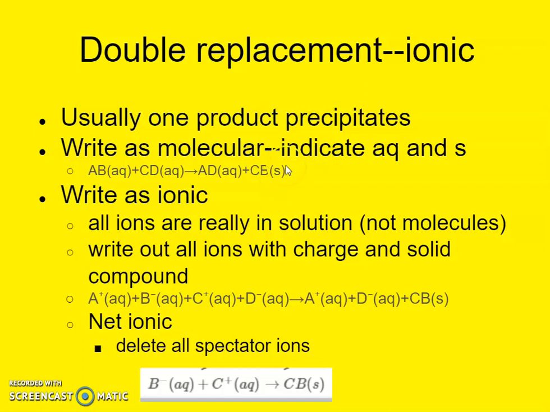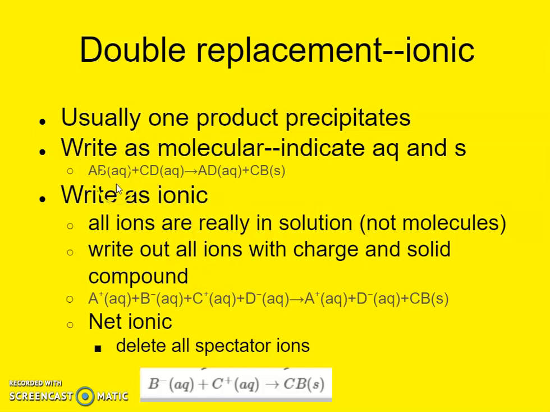Okay, so in addition to thinking about it this way, we can also write these showing that they form ions. So really, when we say these are aqueous, right, that means they're dissociated. So if they're an aqueous solution, they're really not together as this compound AB. They're really as ions that are in solution. So we can write them out as the ions.